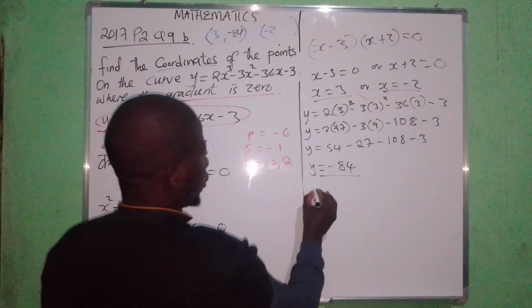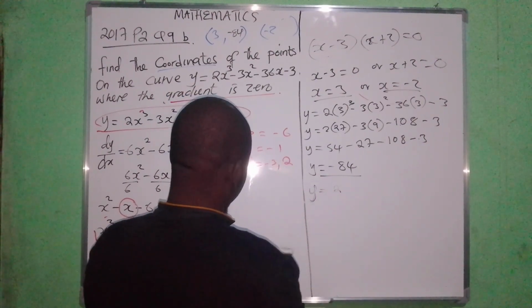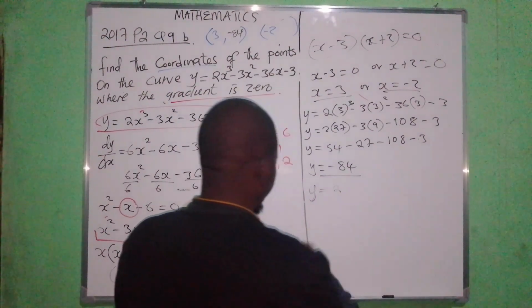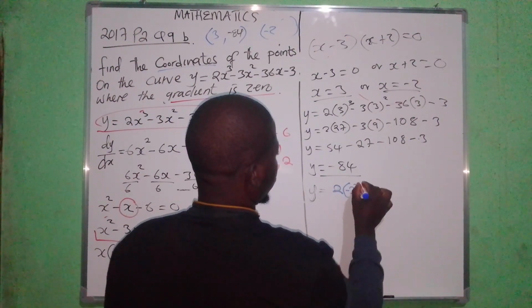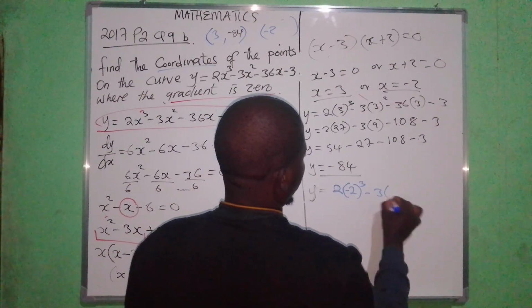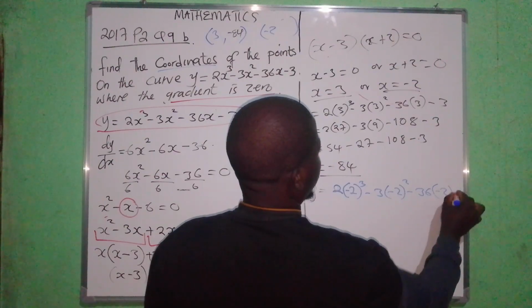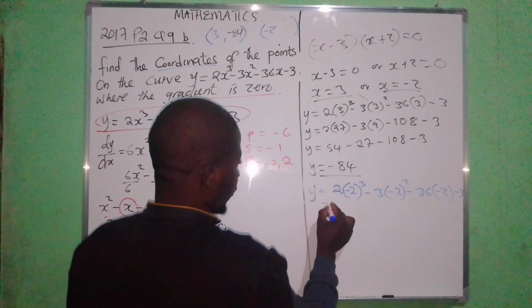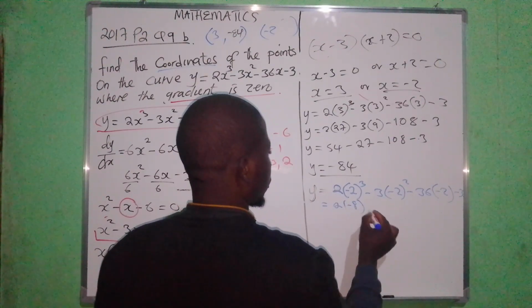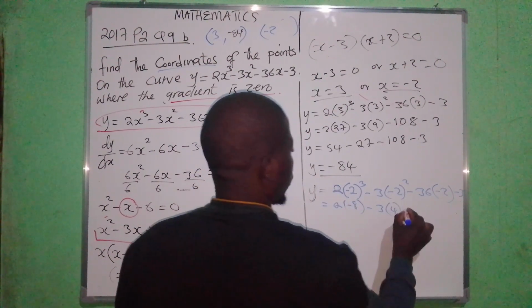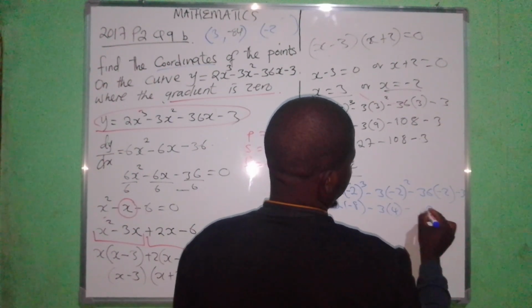Then we also fuse in the negative 2 there to find the other value. We say 2, sorry for the marker, there is negative 2 to the power 3 minus 3, negative 2 to the power 2 minus 36, negative 2 minus 3. So we have 2 by negative 8, then we have minus 3 by 4, then we have 2 there, 72.